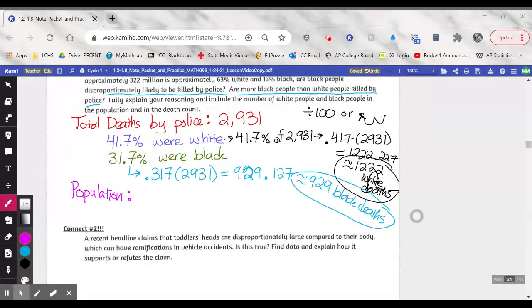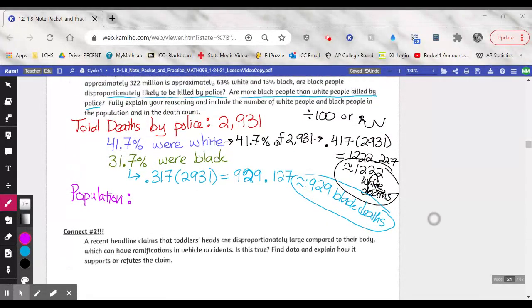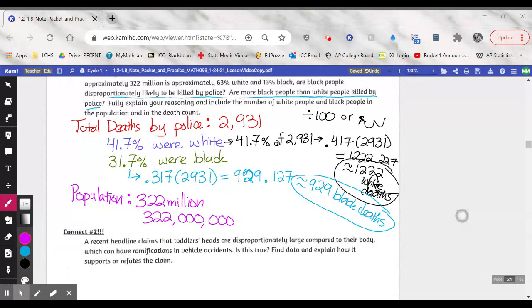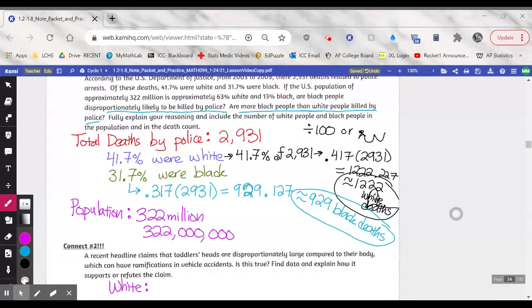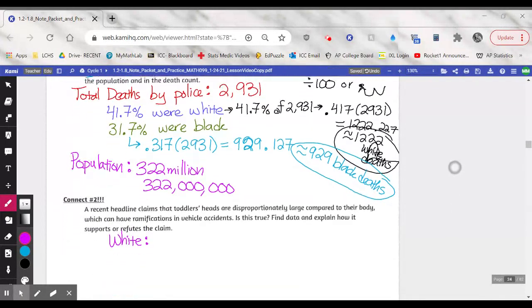So it says that we've got a total of 322 million, which is the same as 322 with 6 zeros after it. And for our white population, that is 63%.